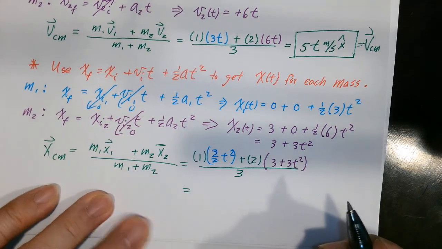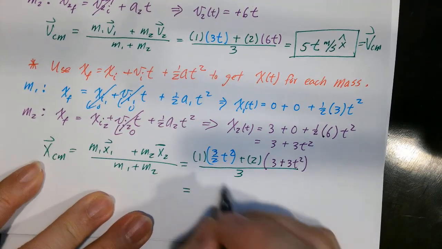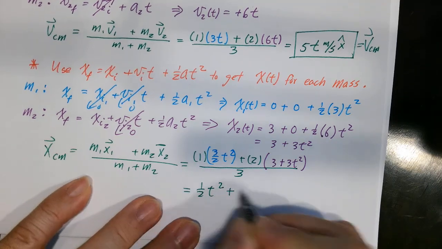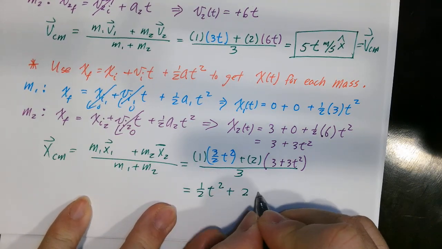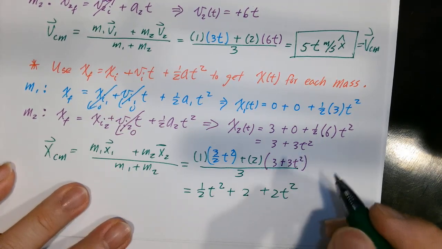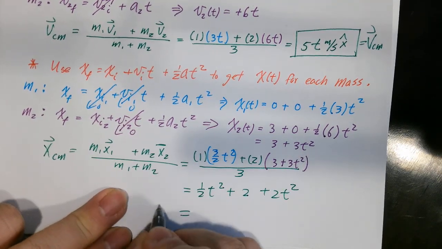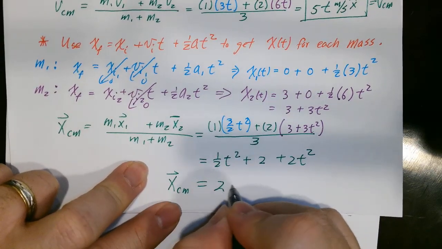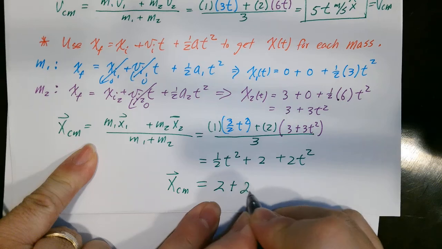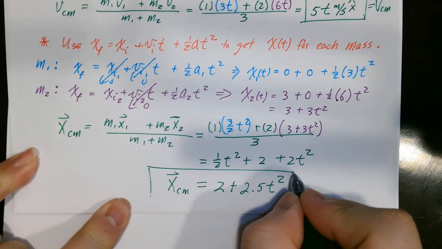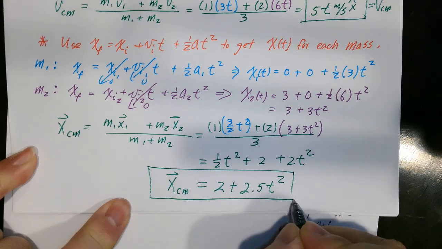So that should come out to, if you do it correctly, something like 1/2 t squared plus 2 plus 2t squared, so x sub Cm comes out to 2 plus 2.5t squared as your position function for your center of mass.